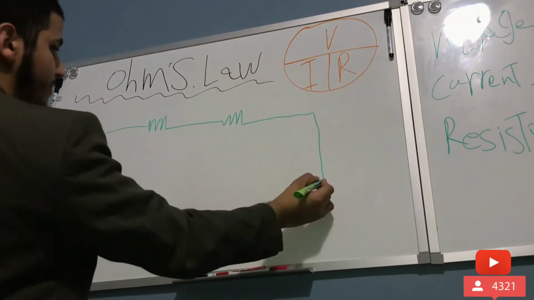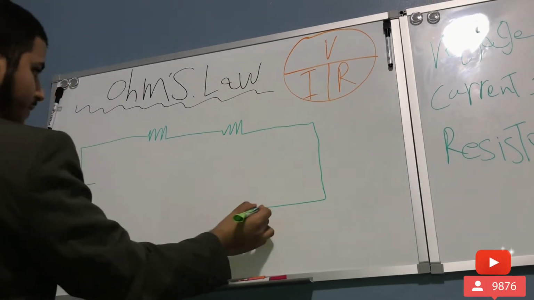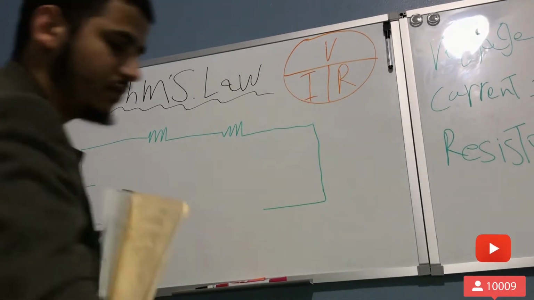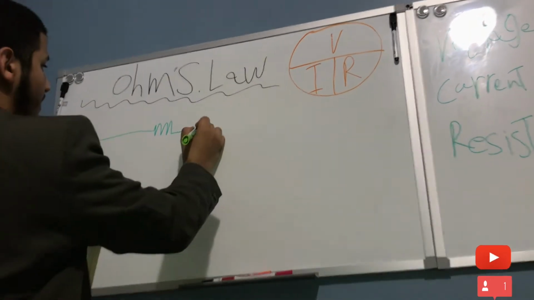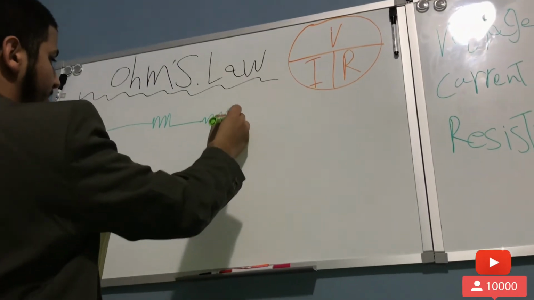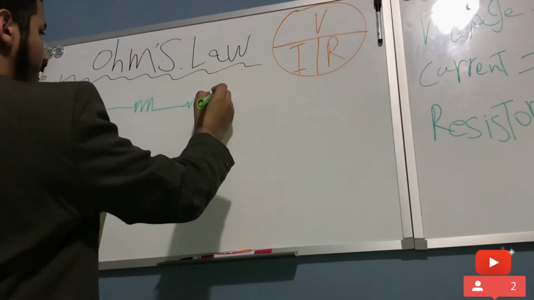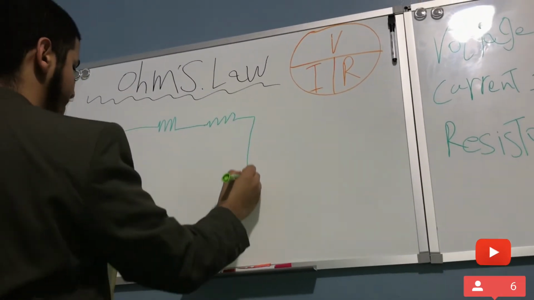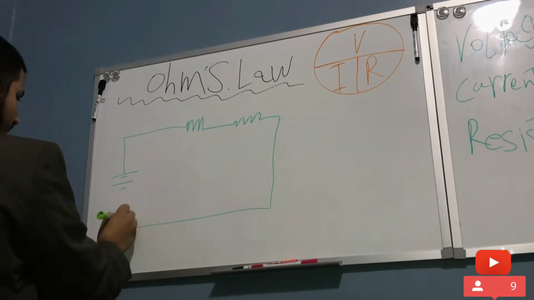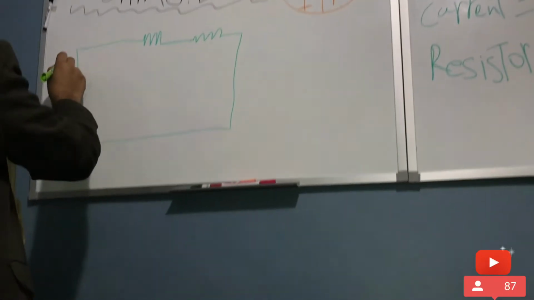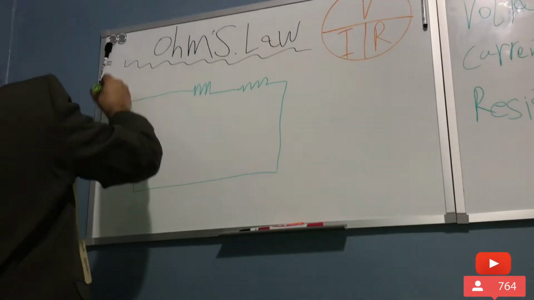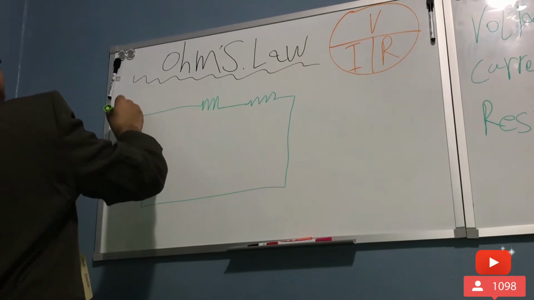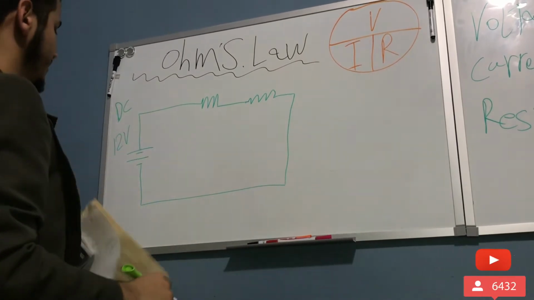Let's go back to the battery. You know what? Let's make it smaller. Back to the source, this 12 volts. This is DC power, which is direct current.